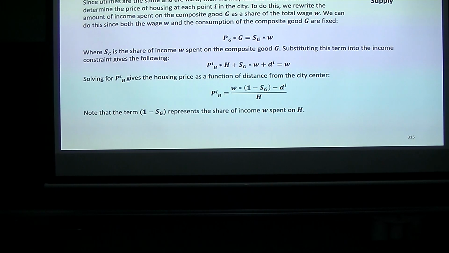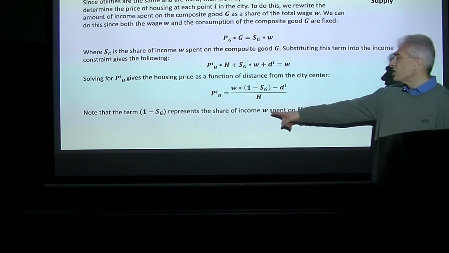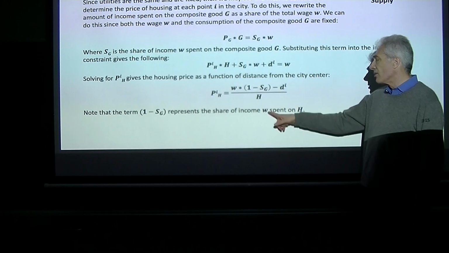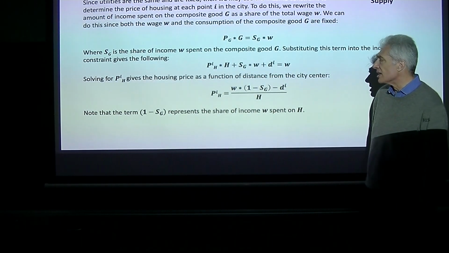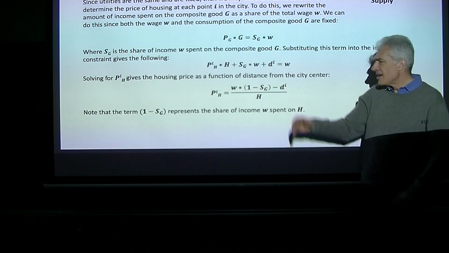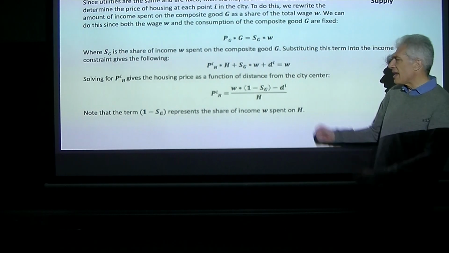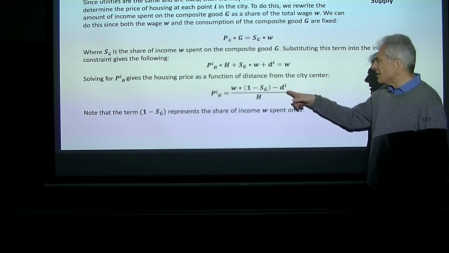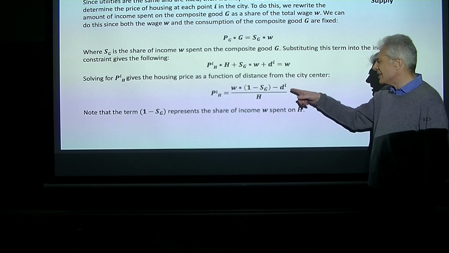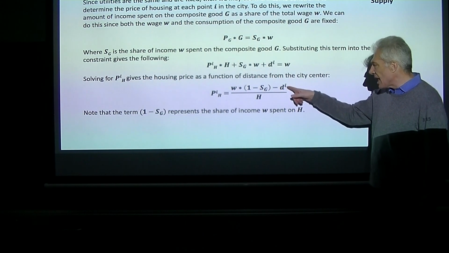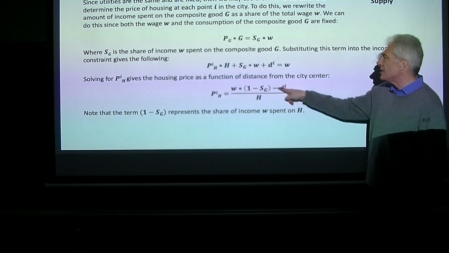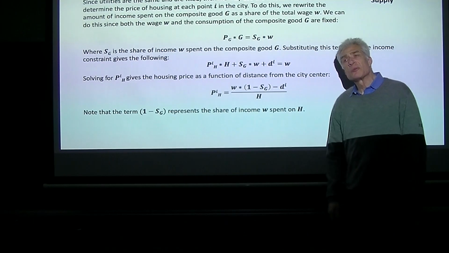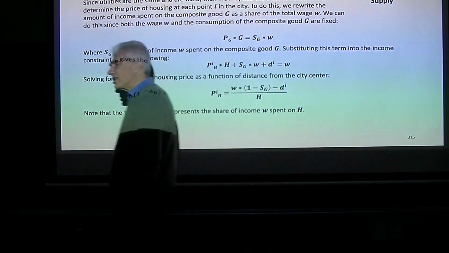Where 1 minus s_g is the share of income spent on housing, and that is fixed. So the thing that varies is distance. As the distance increases, the willingness to spend for housing declines.